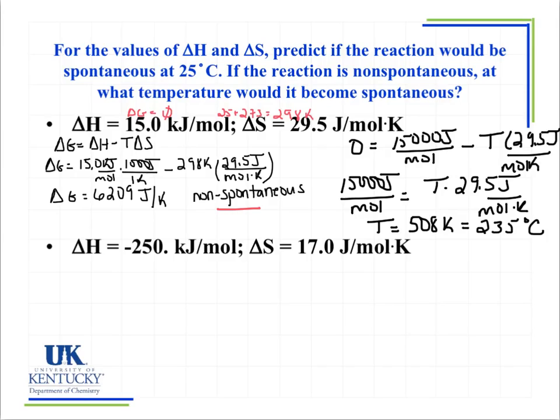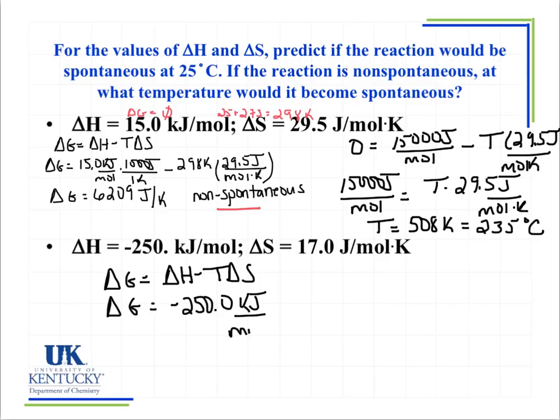Now let's look at another example. We're going to start this one the same way. We're going to have delta G equals delta H minus T delta S. My delta H value is minus 250 kilojoules per mole. And just so I can show you can do it either way, I'm going to leave it in kilojoules. I'm going to convert my S value to joules.